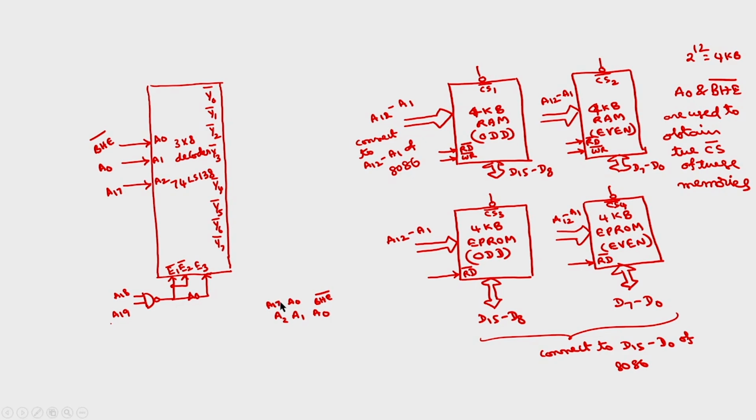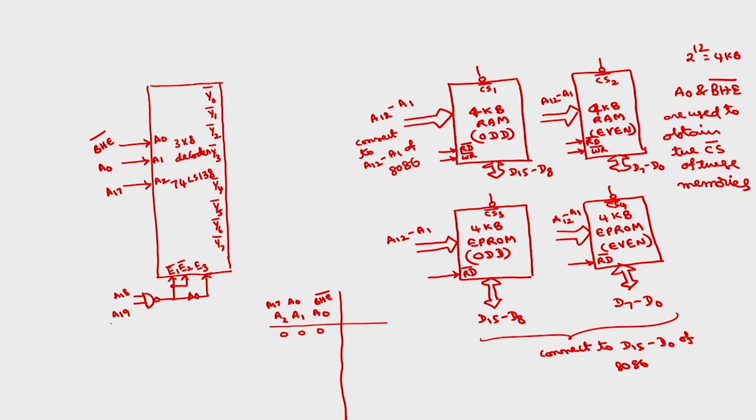So you have a total of 8 combinations. If all are 0, 0, 0, Y0 will be selected, so the output Y0 will be 0.